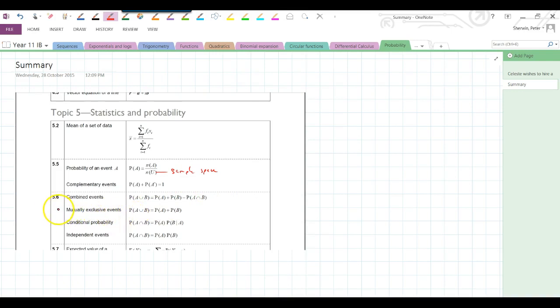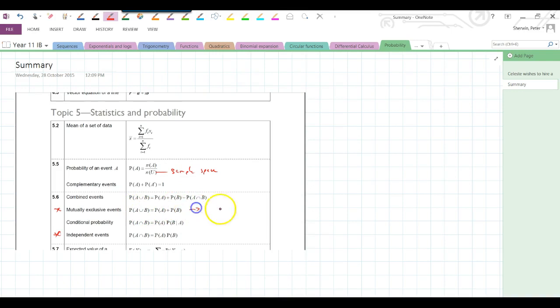Now, mutually exclusive and conditional independent events. These get asked a lot. So let's make sure we know how to do this, and this comes up in the revision questions. If you're asked to prove that the two events are mutually exclusive or not, this is where you're going to be heading. You're going to be summing their individual probabilities and showing that it's either equal to or not equal to the union.